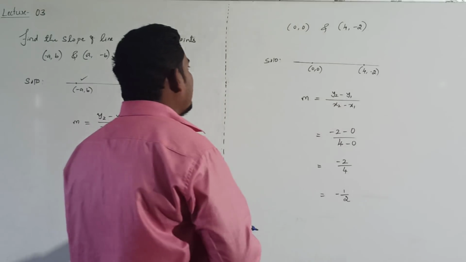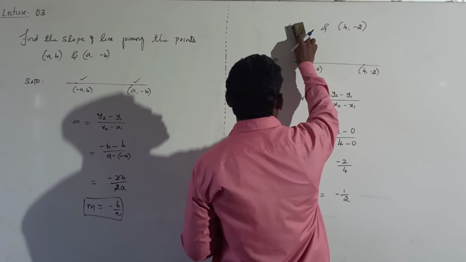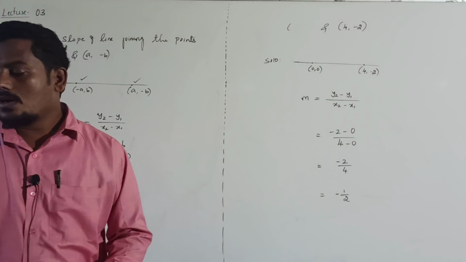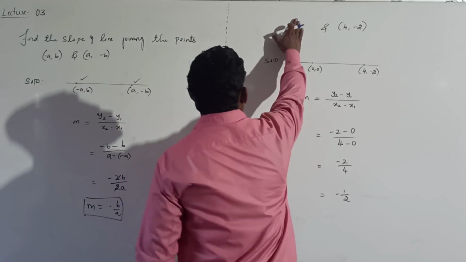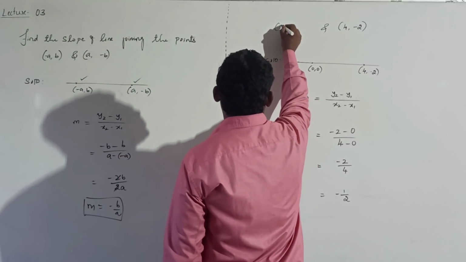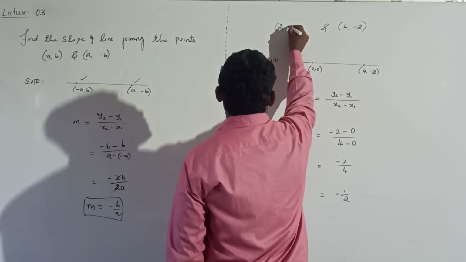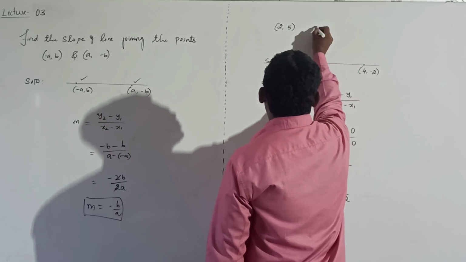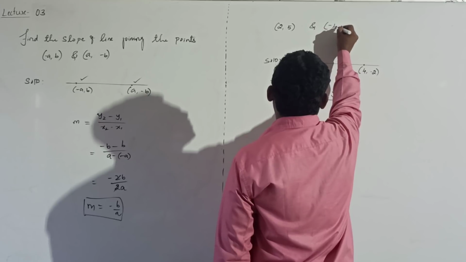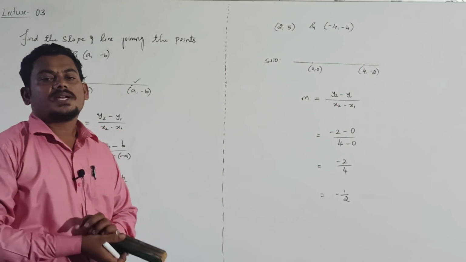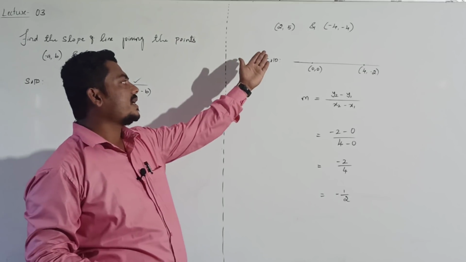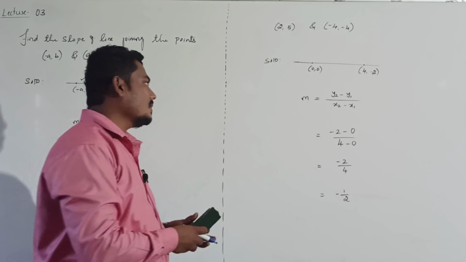Find the slope of a line passing through 2 comma 5 and minus 4 comma minus 4. Find the slope of a line passing through given 2 points, right?